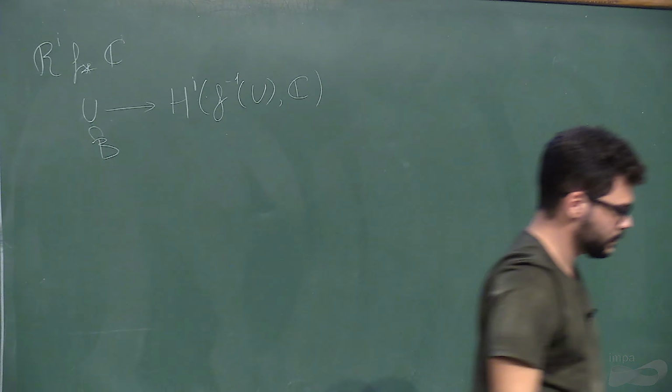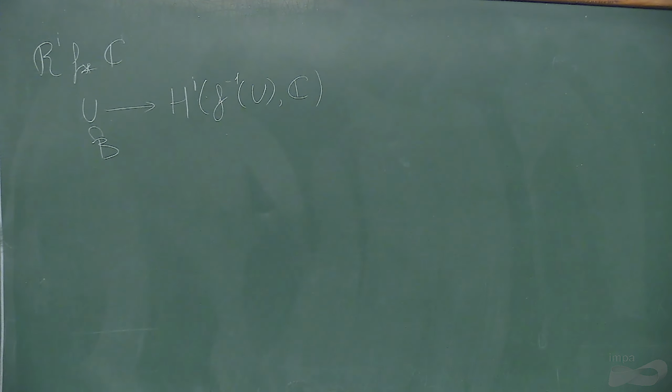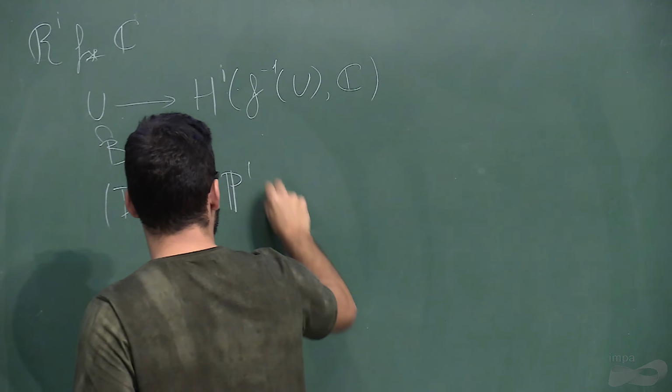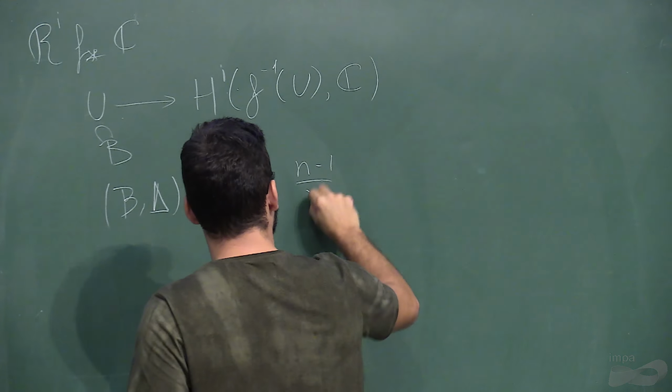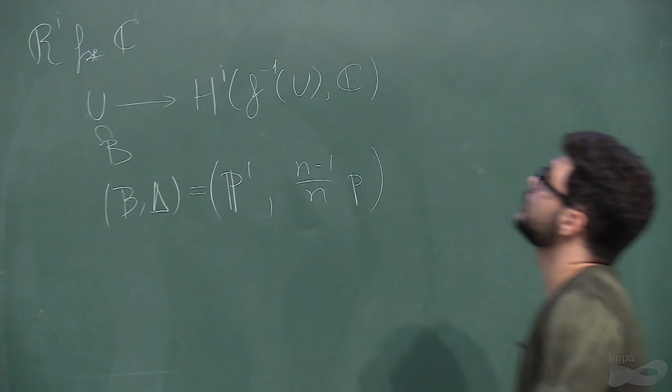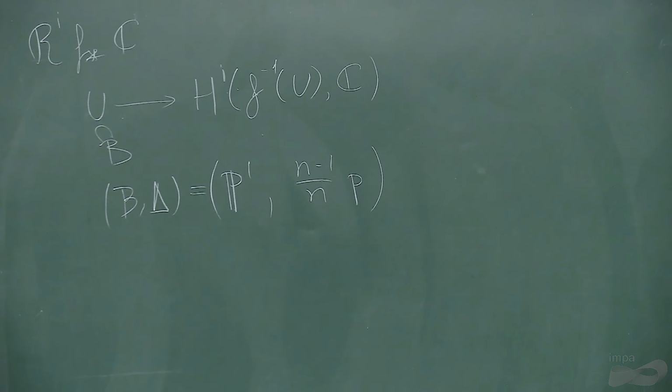And so we have associated this monodromy representation. And notice that since we take B and delta to be P1 with just one point, the complement of delta is simply connected. And so this monodromy must be trivial.